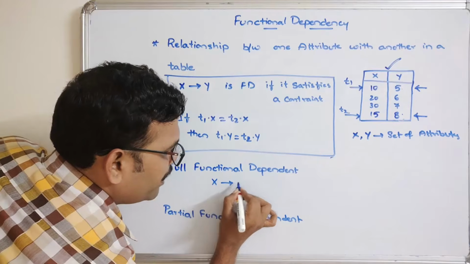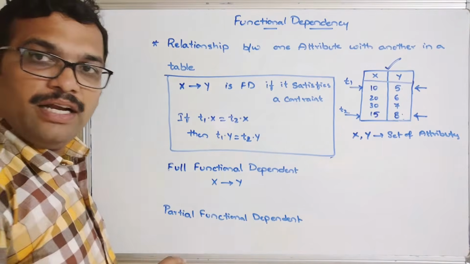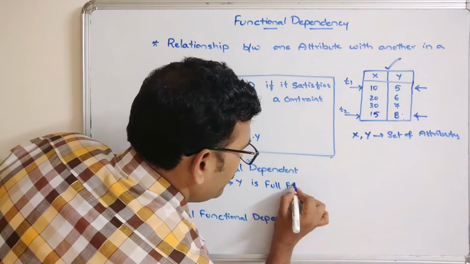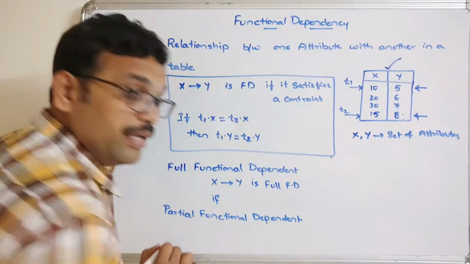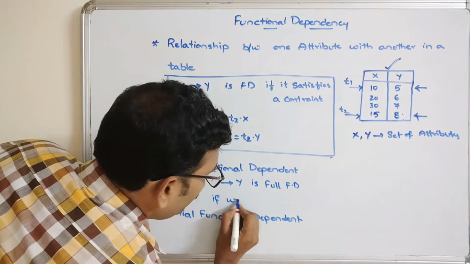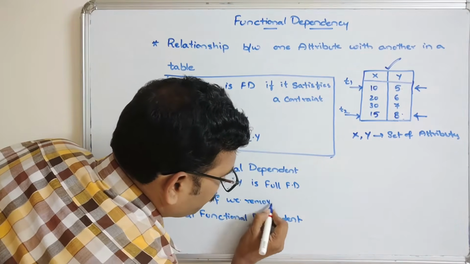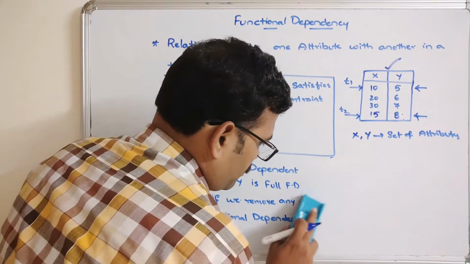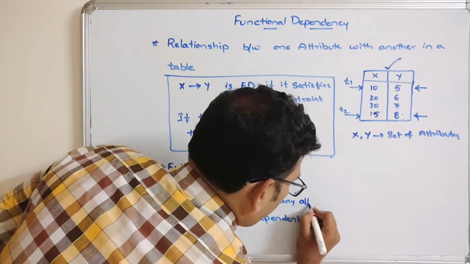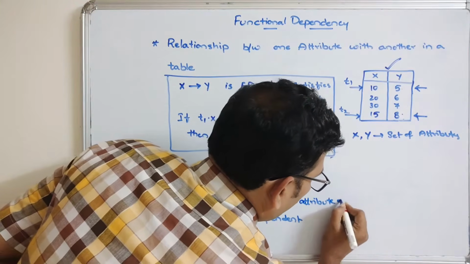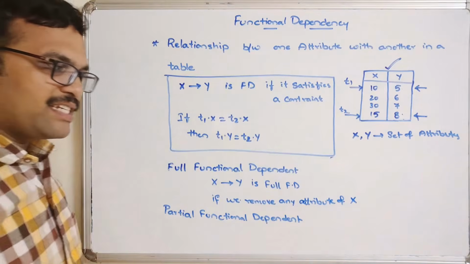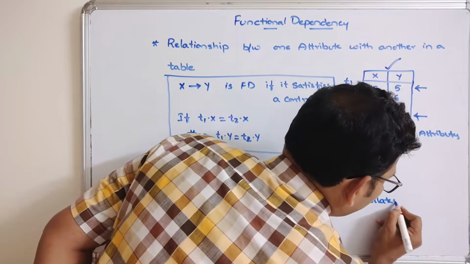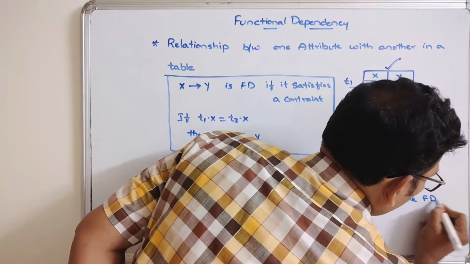X tends to y is said to be fully functionally dependent if removing any attribute of x violates the functional dependency rule.